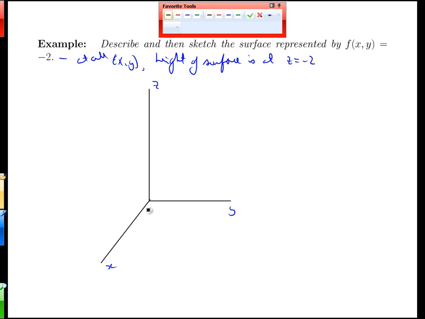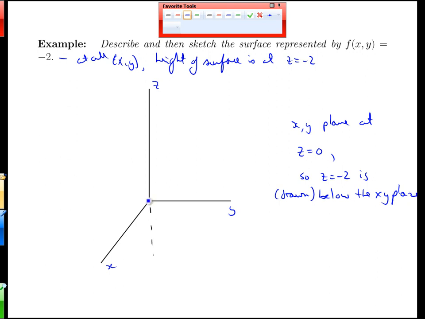So here we have to be a bit careful. We typically think of the xy plane as being at z equals 0. So z equals -2 is below, or is drawn below, the xy plane.